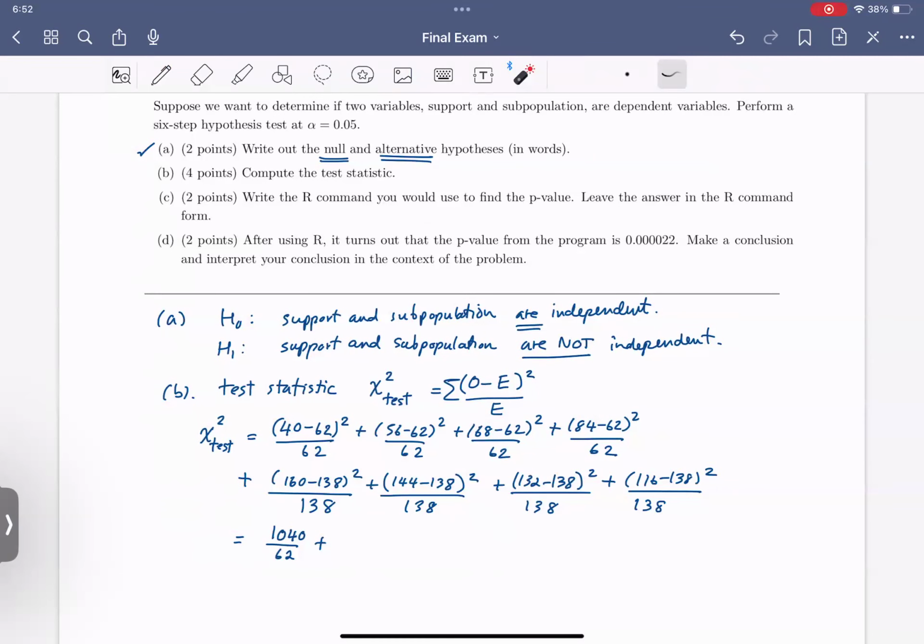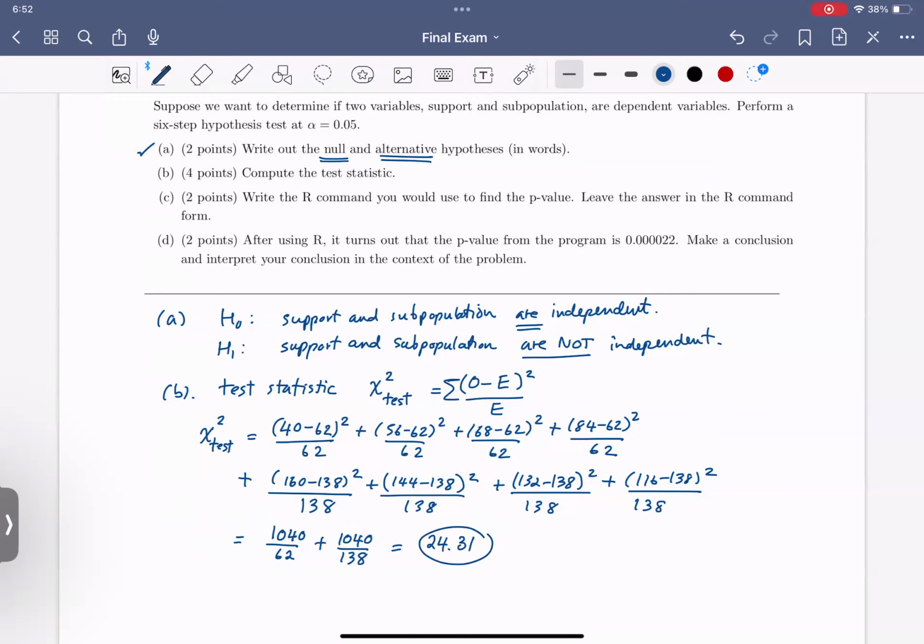Oh, I have the same number on top, 1040 over 138. So I'm going to do 1040 over 62 plus 1040 over 138. The number I get here is 24.31. It's a little bit tedious, but at the end you get 24.31.